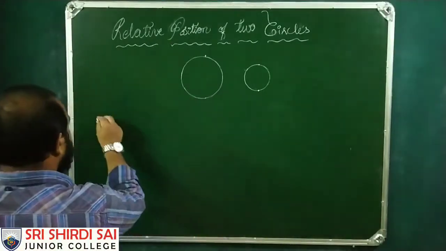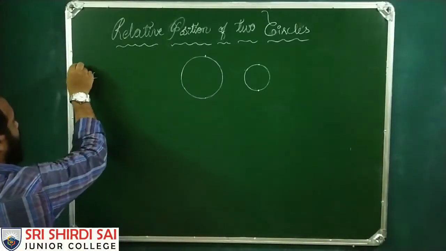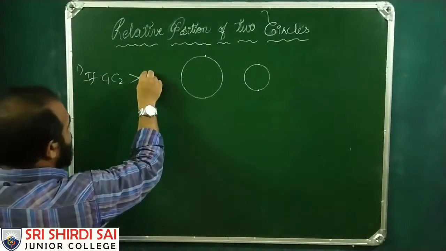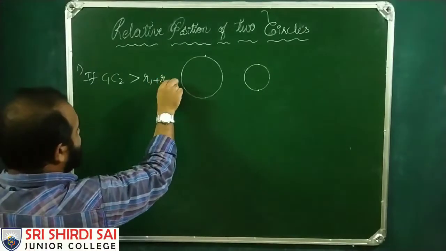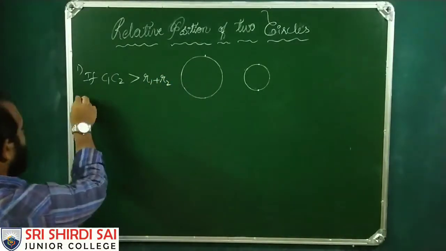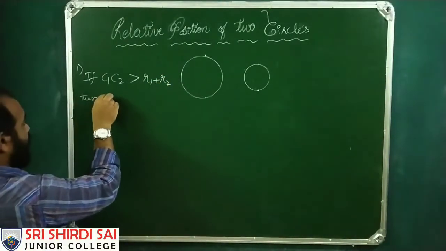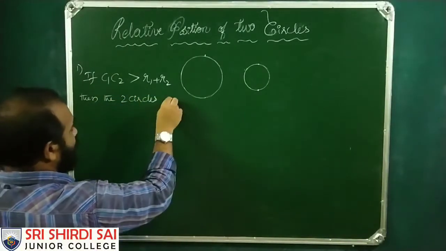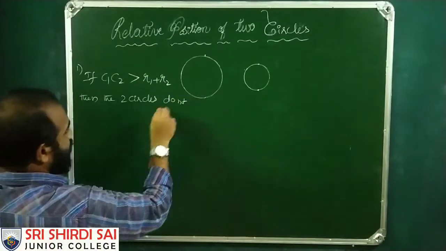See here, if C1C2 is greater than R1 plus R2, then the two circles do not touch.